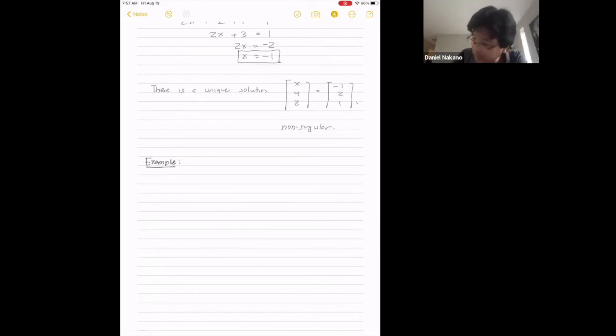So suppose I have the system of equations y plus z is equal to 20, and x plus y plus z is equal to 15, and 3x plus y plus 2z is going to be equal to 10.